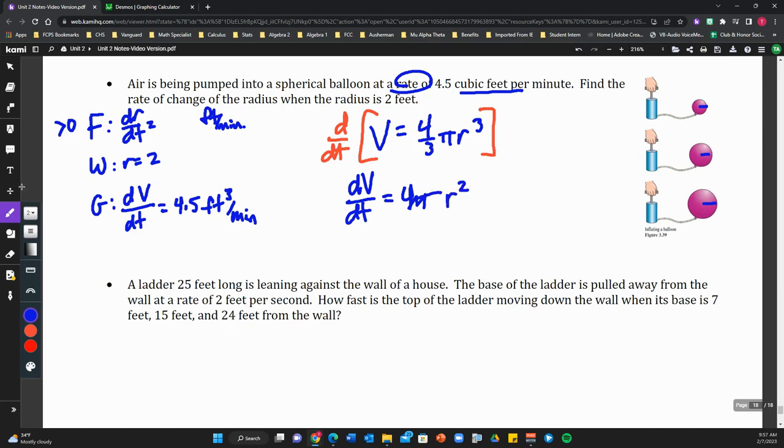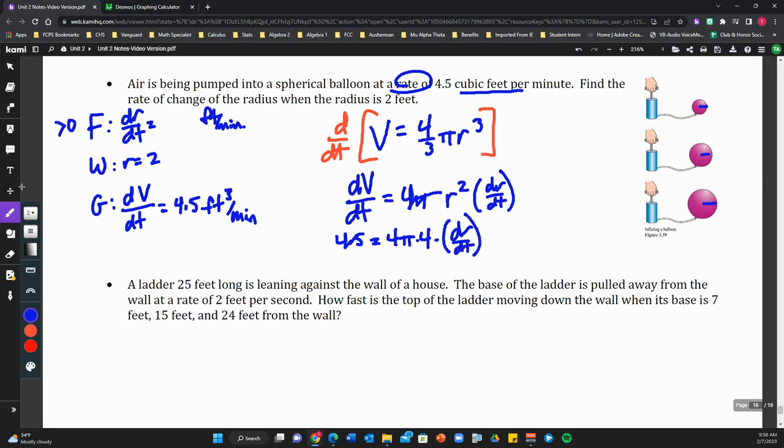And then r squared is my new power, but then again, r and t don't match up, so we have our differential, our rate, dr/dt. So now we can plug in the stuff we know. I know dV/dt is 4.5. And then that is equal to 4 pi, r is 2, so 2 squared gives me another factor of 4. And then we are trying to find what dr/dt is equal to.